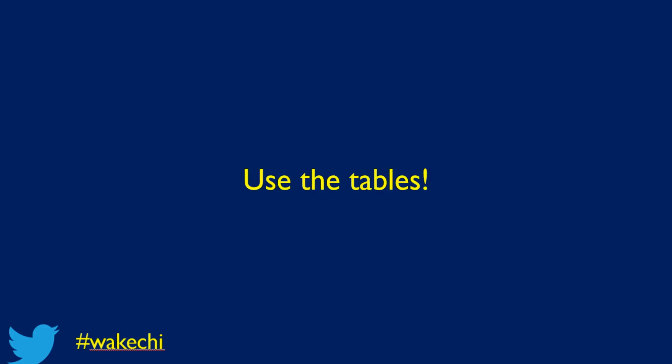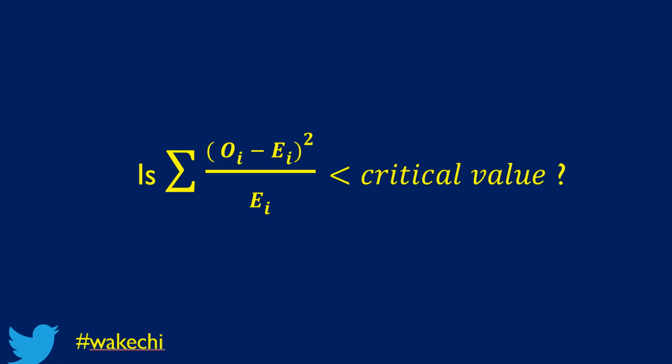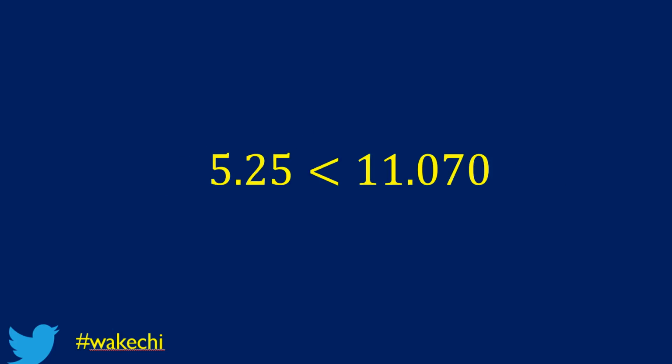Back to our tables. This time, nu is 5, so find 5, go across to 5%, and you can see it's 11.070. Is what you found from your observed data less than the critical value?